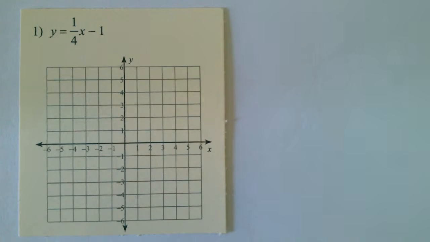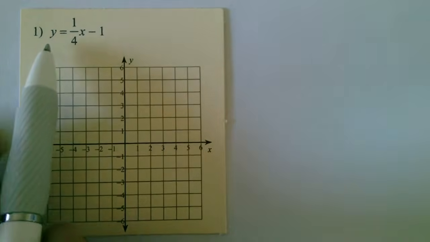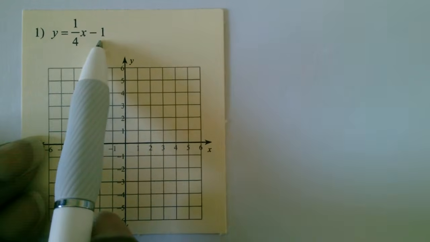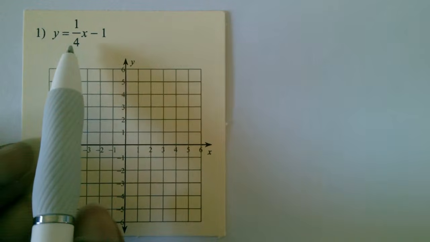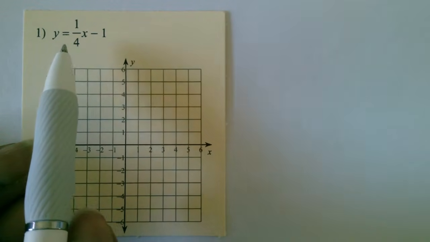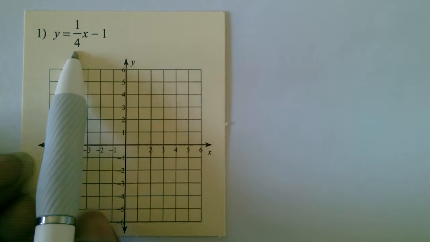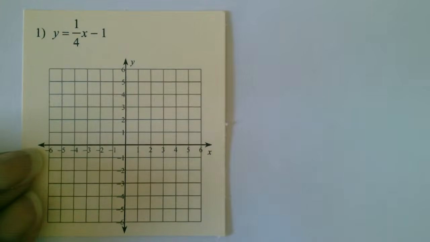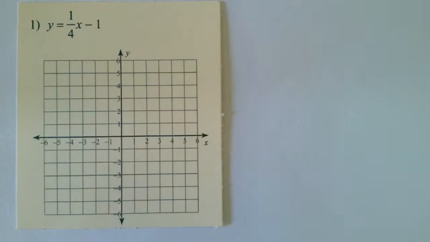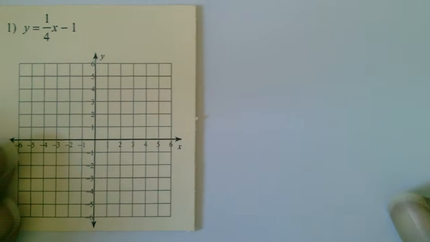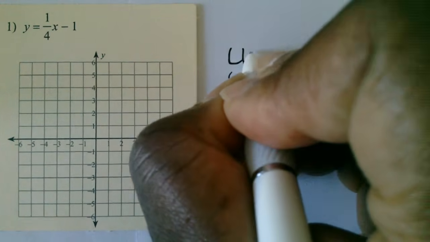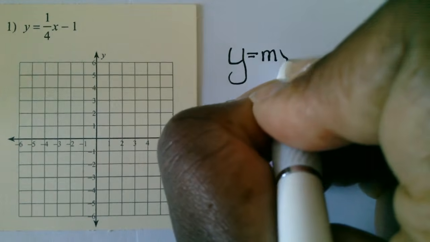Okay, we're going to graph this. Now, we have y equals 1/4 x minus 1. Don't let the fraction freak you out. This is exactly what's happening: this is what's called slope-intercept form. Slope-intercept form is usually y equals mx plus b.